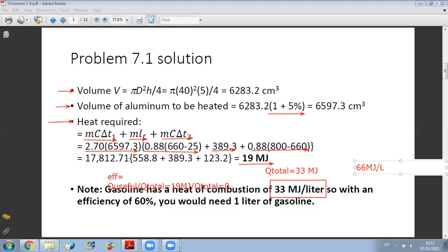You need to burn 0.5 liter of this combustible, okay? It just depends on what its heat of combustion is. It's a proportional rule. So the higher the heat of combustion, the lower the volume required. Okay, so for example, we need 0.5 liter if we considered a combustible of heat of combustion 66 megajoule per liter.